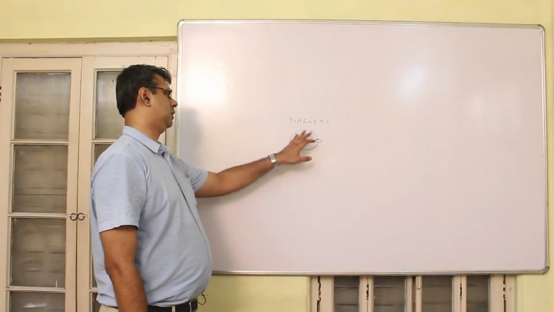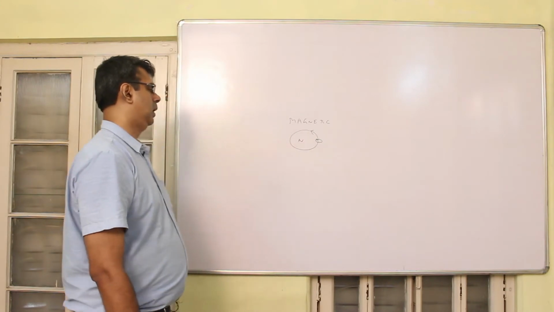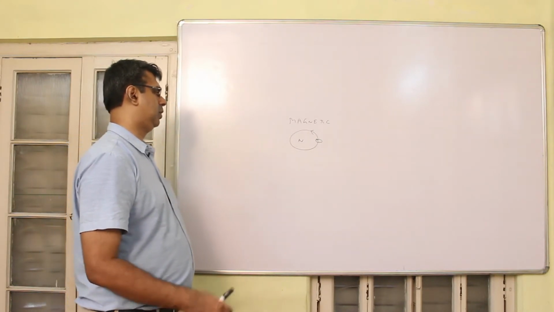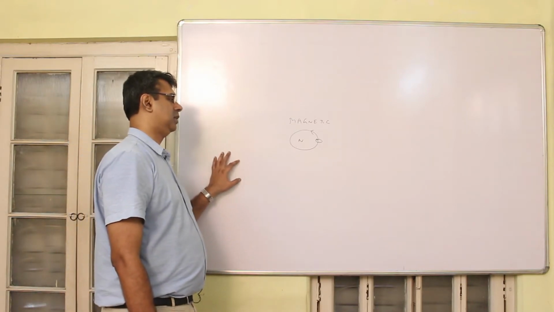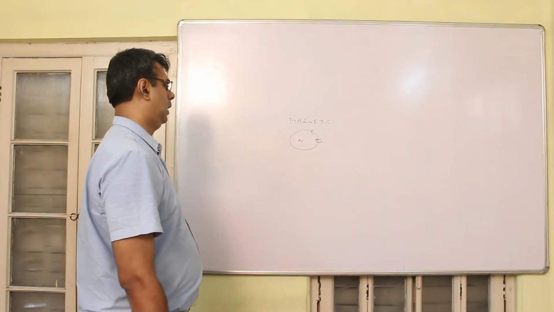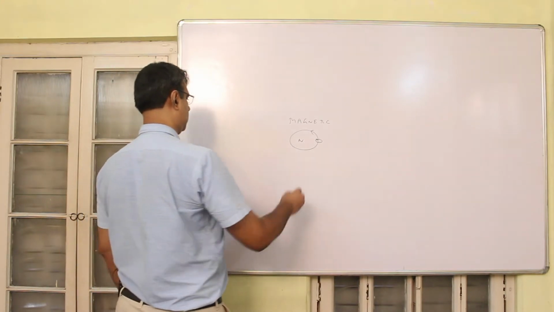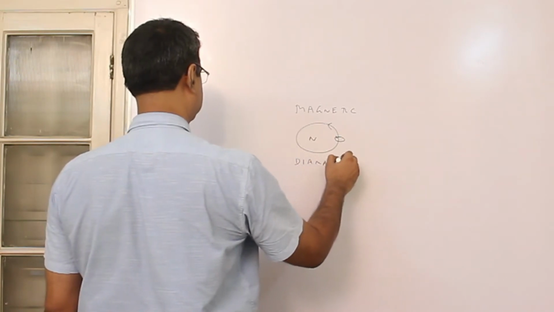So there is a revolutionary motion and also a rotatory motion. Either way, an electron in motion is a charge in motion, and every charge in motion has an associated magnetic field.